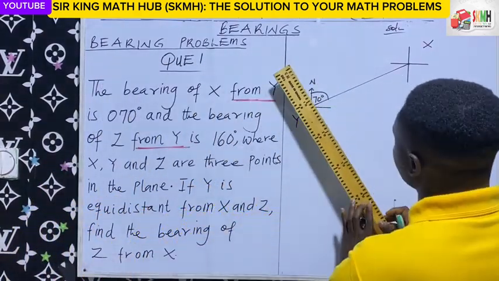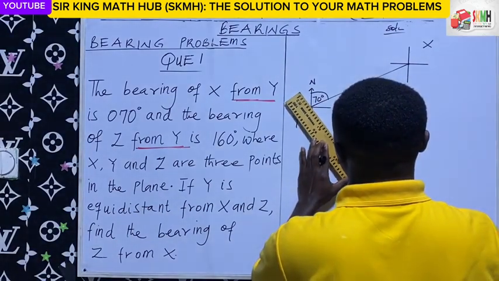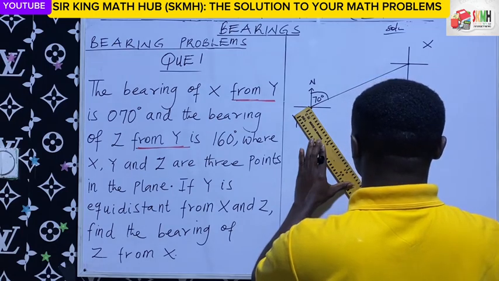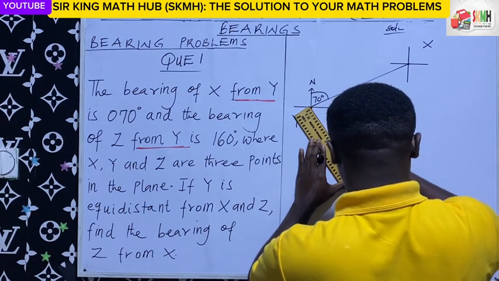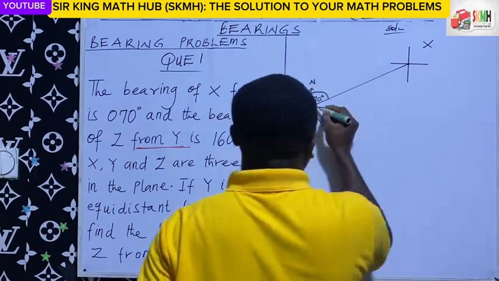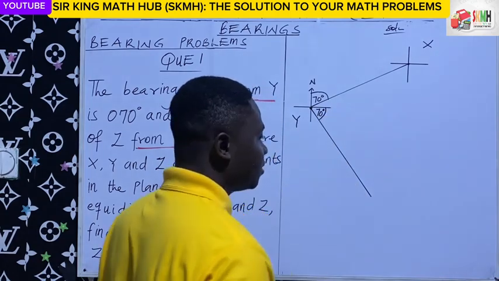So we have to measure 70 degrees from this quadrant, taking into consideration the equidistance. So here is 70 degrees.